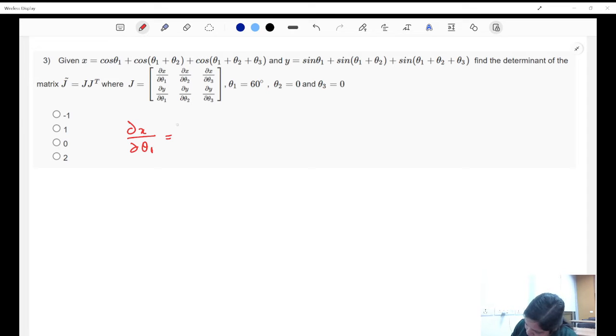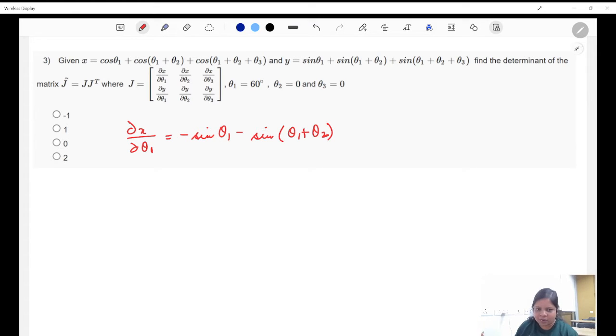So it's going to be minus sine theta 1, because the differentiation of cos theta 1 is minus sine theta 1, right? For the second term, you are going to differentiate it. It would be minus sine, just apply the chain rule, okay? Sine(theta 1 + theta 2). Now after this, you'll have theta 1 plus theta 2 outside. Differentiate that.